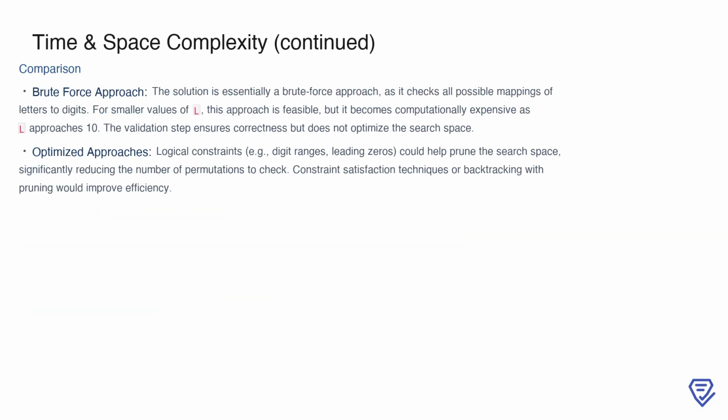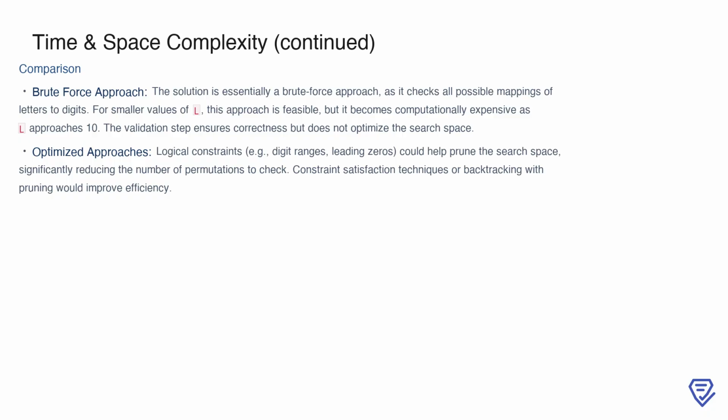The brute force approach checks all possible mappings of letters to digits, making it computationally expensive for larger values of L. While this guarantees correctness, it does not optimize the search process. For smaller values of L, the approach is feasible, but as L approaches 10, the number of permutations becomes prohibitively large.